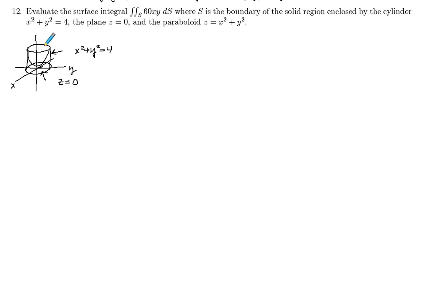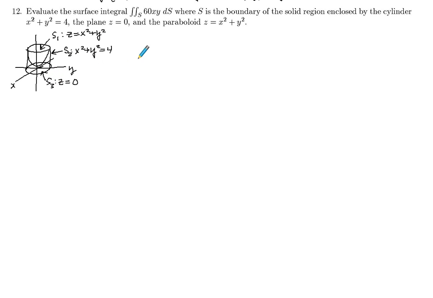So there are actually 3 surfaces here. The top one, let's call that S1, and that is z equals x squared plus y squared. The side, the cylinder, let's call that S2. And then the bottom, with z equals 0, let's call that S3.